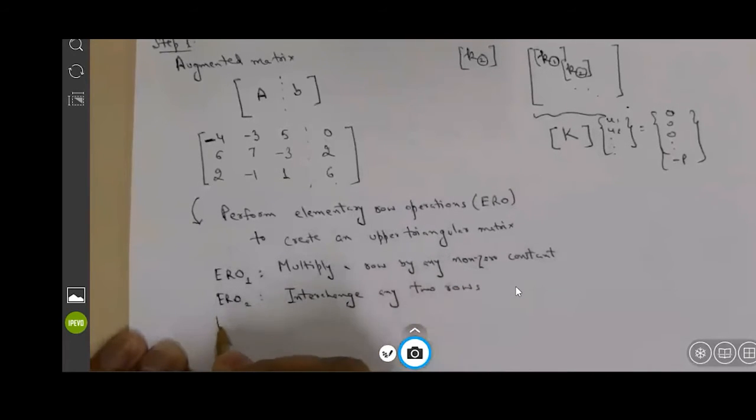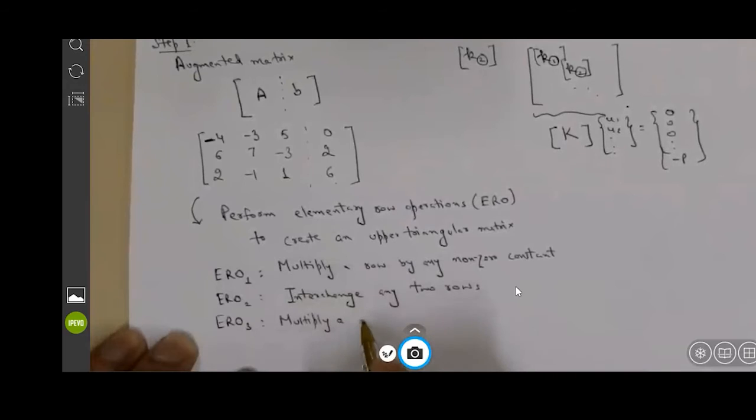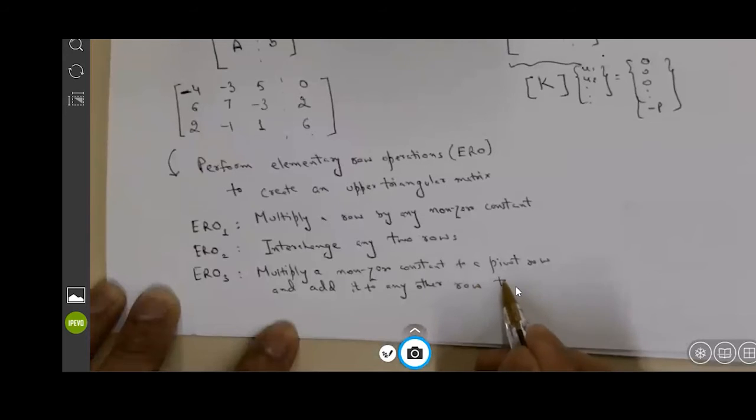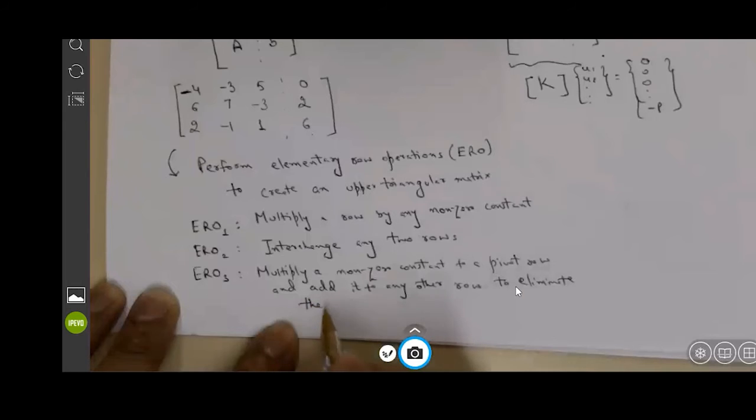And the third is that you can multiply a non-zero constant to a pivot row and add it to any other row to eliminate variables.